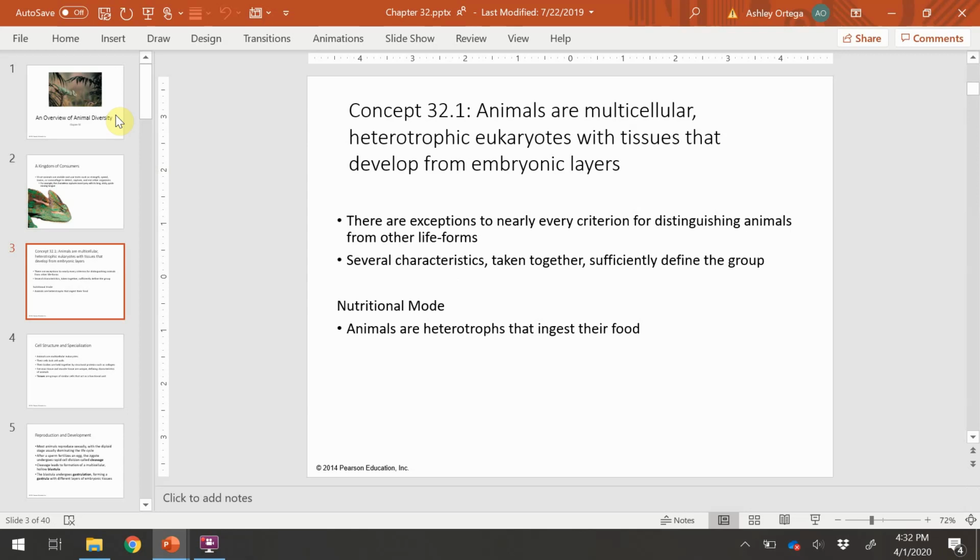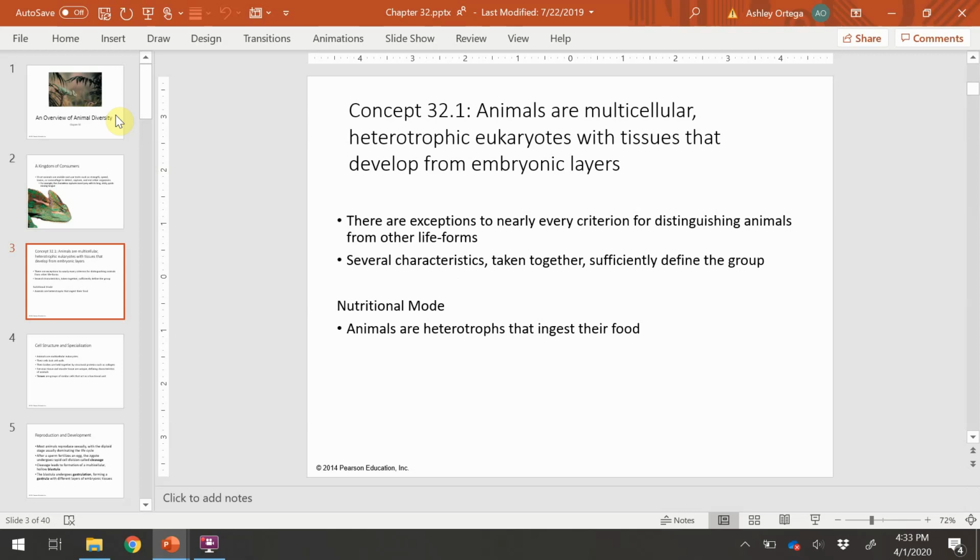So all animals will be multicellular. All will ingest food from outside their environment, so that would be heterotrophic, and then eukaryotes contain eukaryotic cells that have membrane-bound organelles. And so they will also have tissues that will develop from embryonic layers, and that's another common theme we'll see.